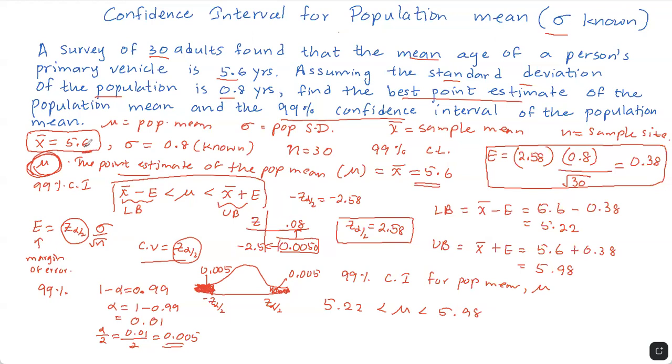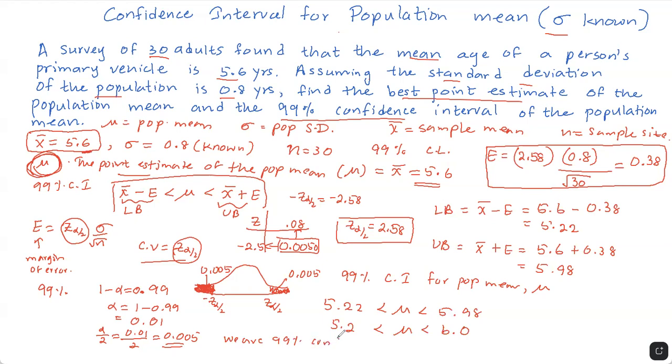The sample mean has only one decimal place. So we are going to round these two numbers to that decimal place, then this is your confidence interval for the population mean.